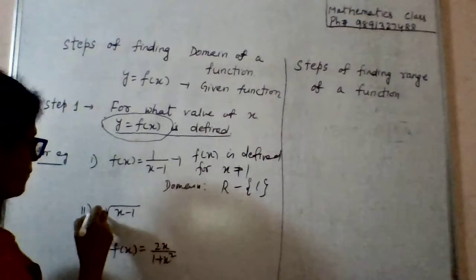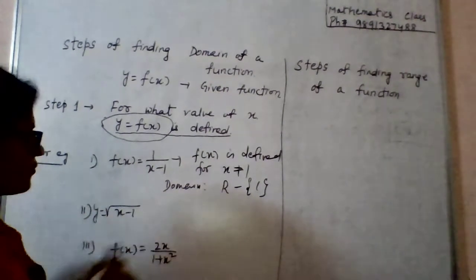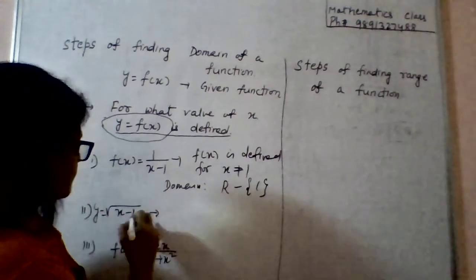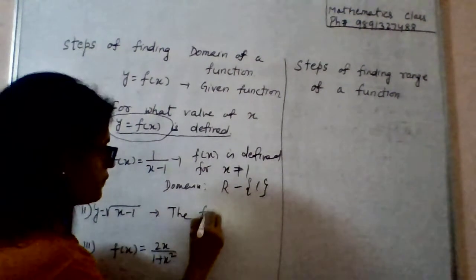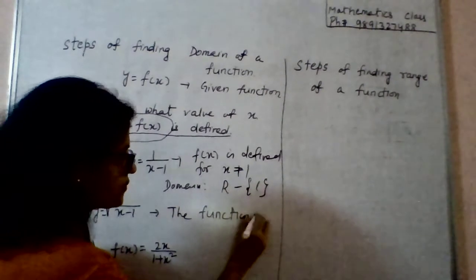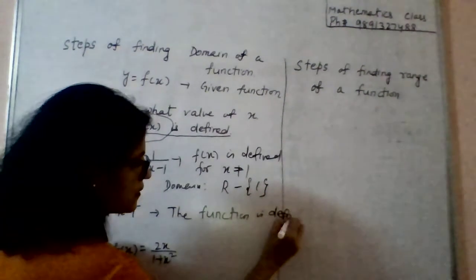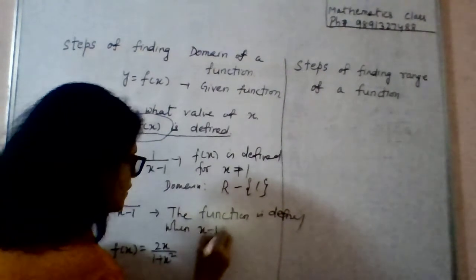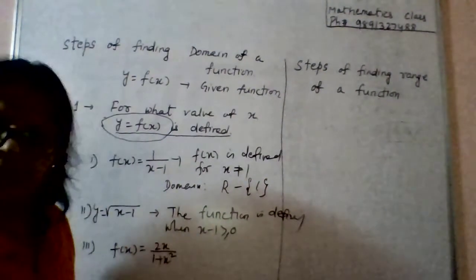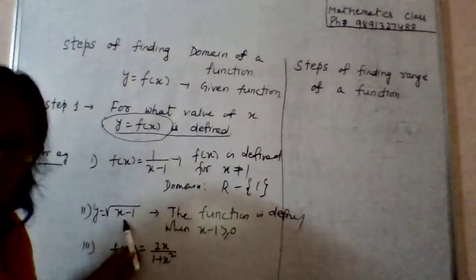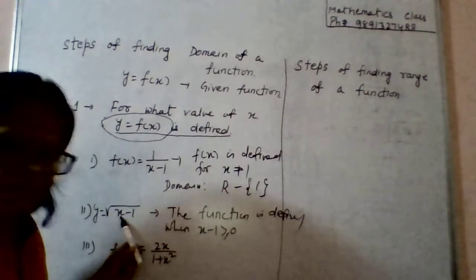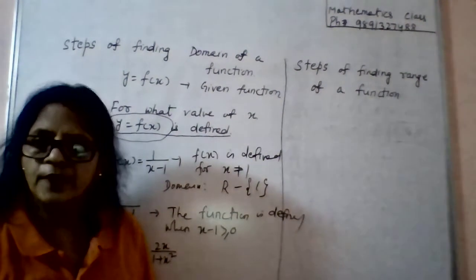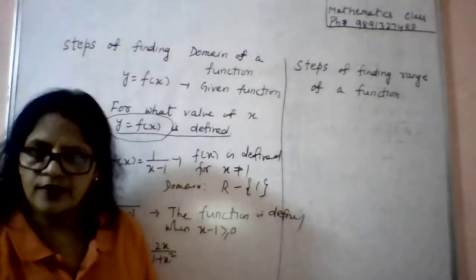If you have y equal to under root x minus 1, you can write here the function is defined when x minus 1 is greater than or equal to 0, because if x minus 1 is negative, we do not have the square root of a negative number which is real, right?